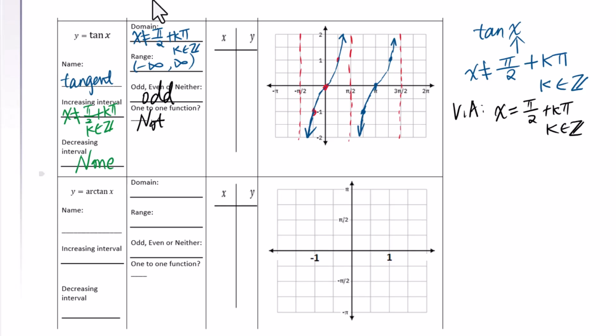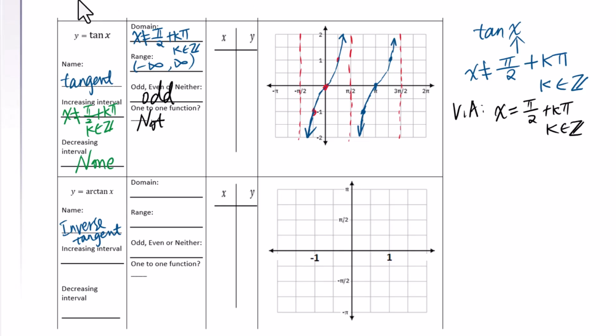Arctangent x, the inverse tangent function. Since tangent x is not a one-to-one function, there is no inverse function if we don't restrict the domain.